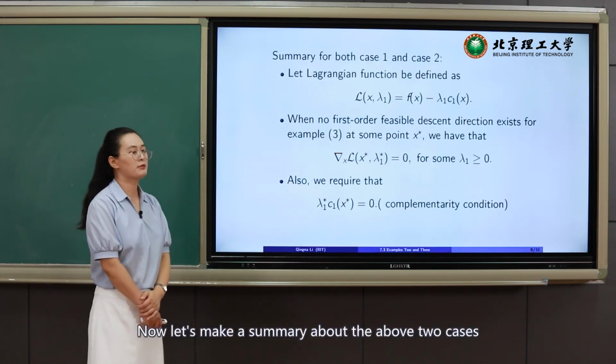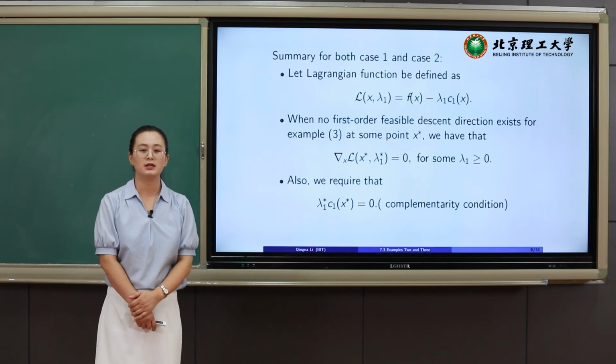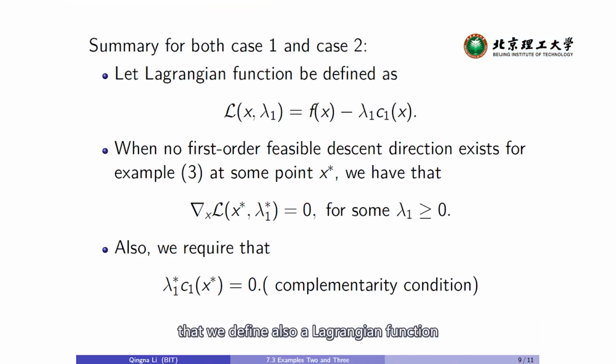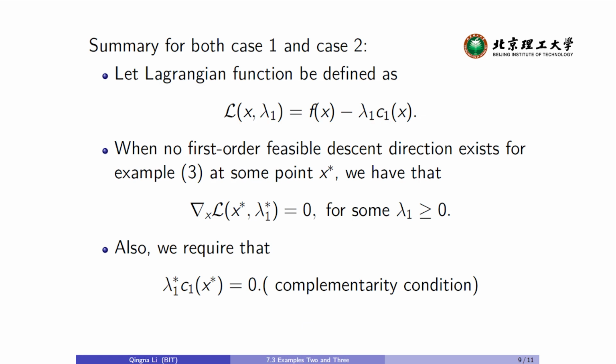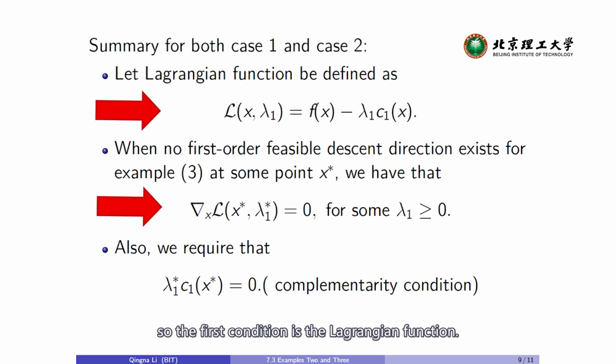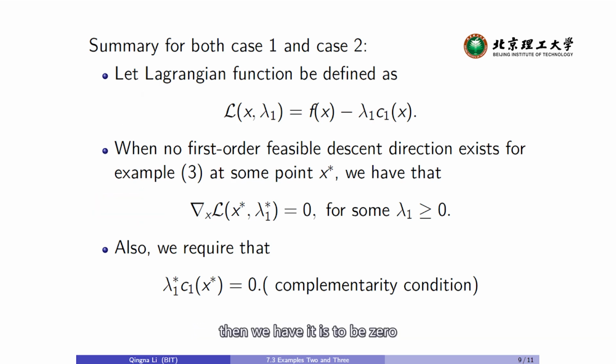Now, let's make a summary of the above two cases. We also define a Lagrange function for the inequality constraint, which is similar to the equality constraint case. However, if x star is a local optimal solution, then the conditions here are different. The first condition is on the Lagrange function: if we take the gradient with respect to x, then it is 0 for some non-negative lambda.